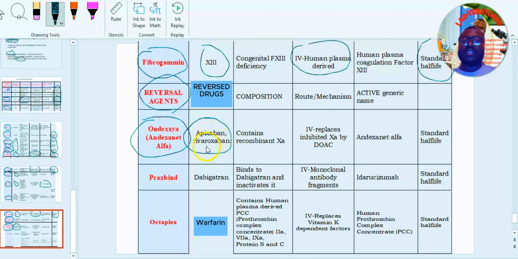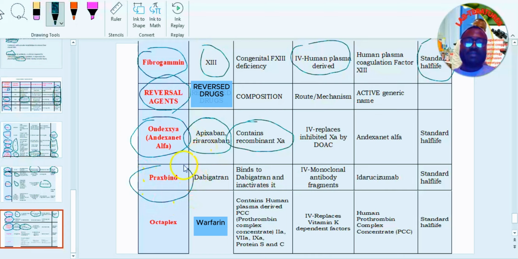These two are mentioned for this matter, and if they inhibit your factor 10, you have to take andexanet alfa, which contains recombinant factor 10 to replace what apixaban and rivaroxaban have inhibited. So it's for IV replacement of the factor 10 that has been inhibited by the DOACs, and it is mostly effective for apixaban and rivaroxaban.